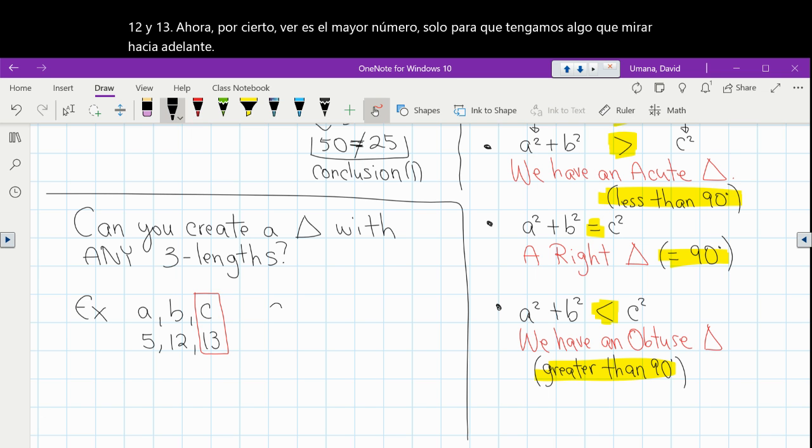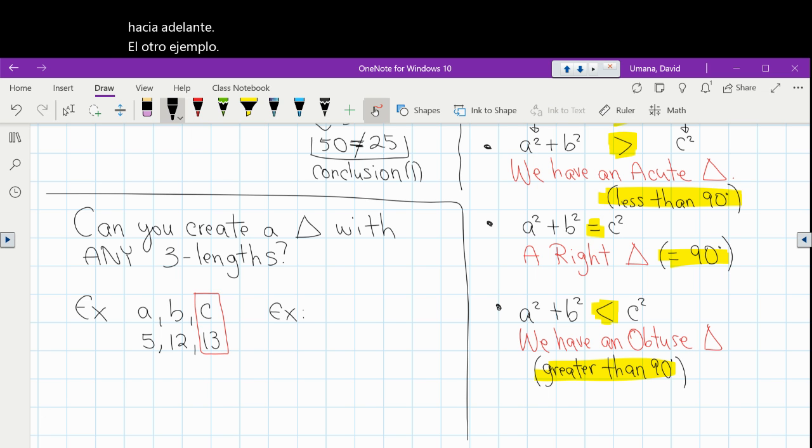The other example is going to be on purpose 2, 2, 6. And this is A, B, and C. C is 6.